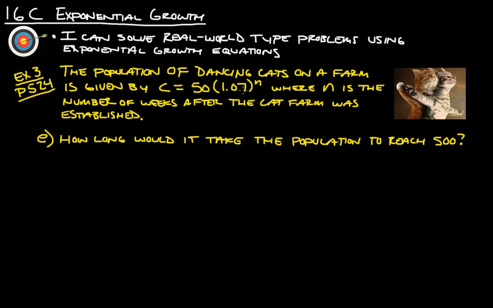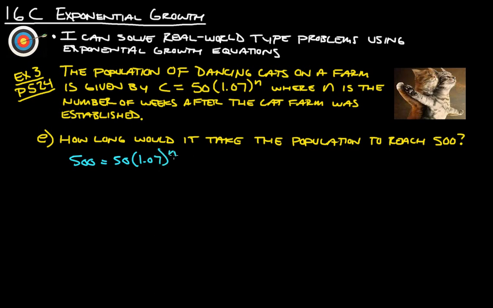So again, we're going to take this here. The 500 is the amount of cats, so that goes in for the C. So we get 500 equals 50 times 1.07 to the n.